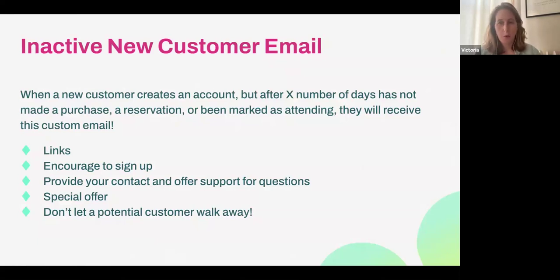So for instance, if you're collecting contact information outside of Punchpass, and then you're going to add those customers to Punchpass, like through a mailing list, that would also trigger an account getting created. And when an account gets created, we also have an automation called welcome email, so they can get that message.